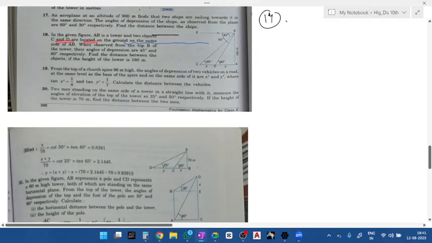X and Y. Okay. Did you understand anything? Without a diagram, it's not possible, right? So which diagram, which triangle do you have to draw?